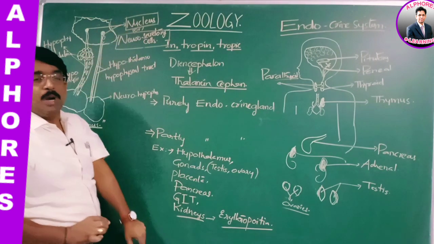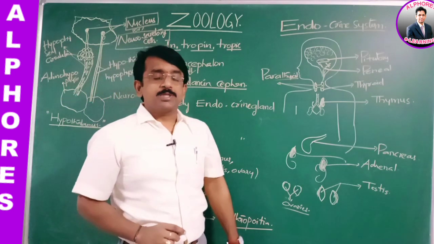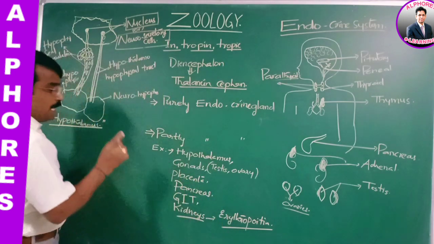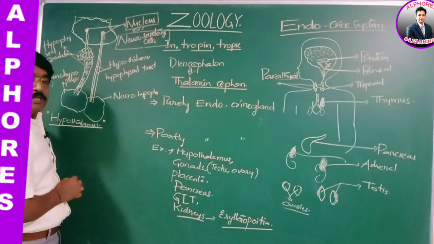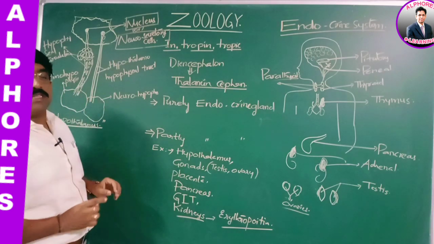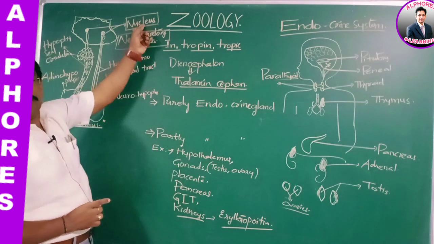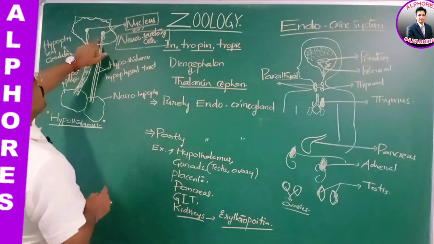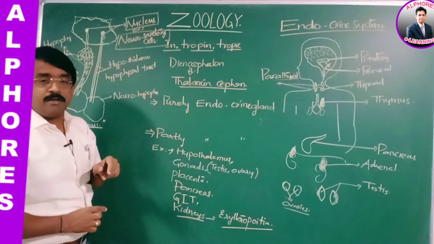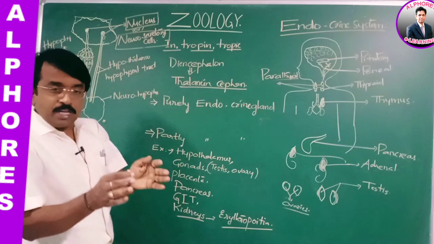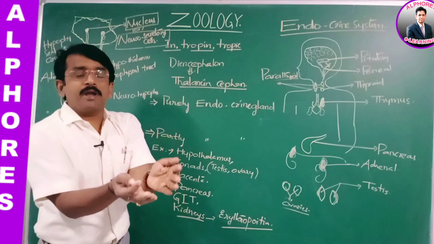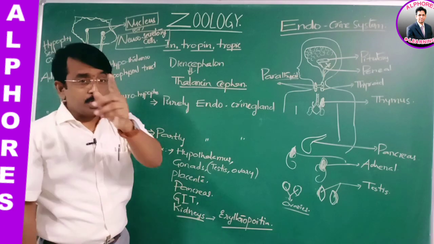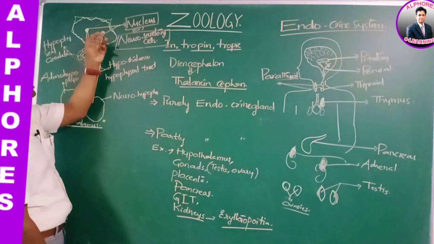Recall what you learned in first year: a group of cell bodies in the central nervous system is named a nucleus. Is the hypothalamus part of the diencephalon? Right. The diencephalon is part of the forebrain, which is the brain, and the brain is part of the central nervous system. So a group of cell bodies in the central nervous system is a nucleus.